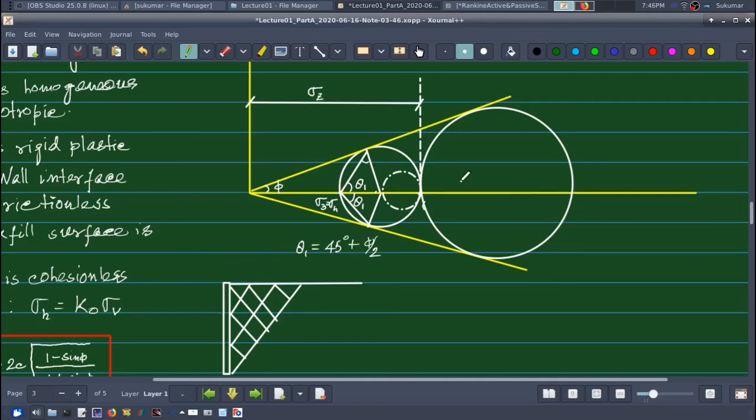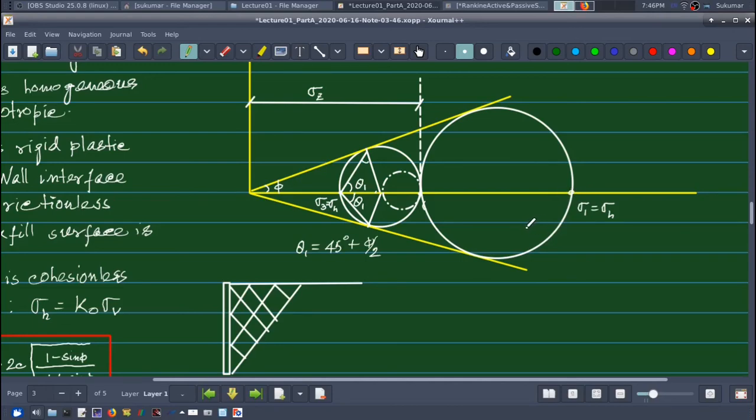Now in passive condition we see that this sigma z is my minor principal stress now, and this sigma h is my major principal stress. So in passive condition, sigma 1 will be my sigma h. Okay, and now for this circle this will be my pole. Why is it so?